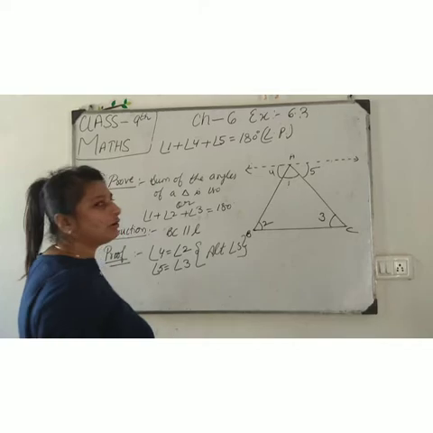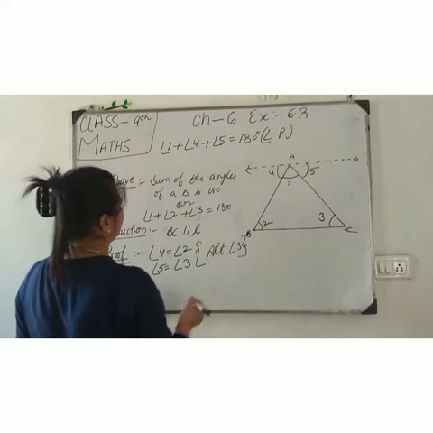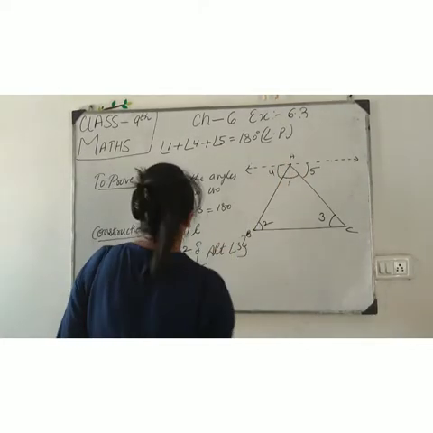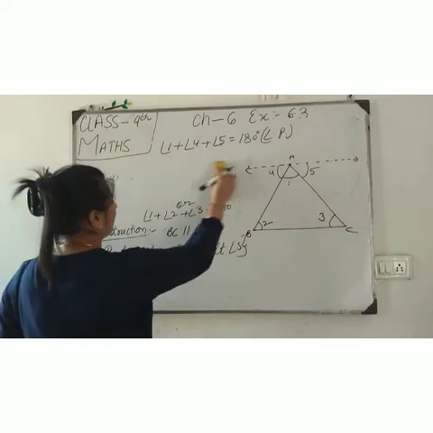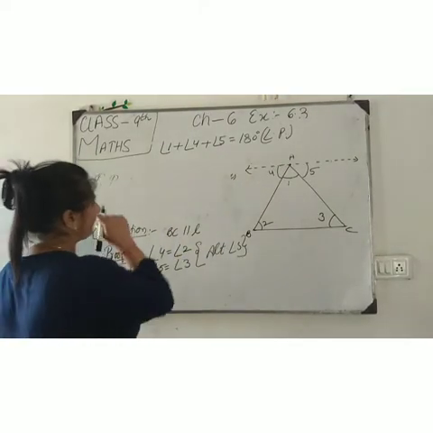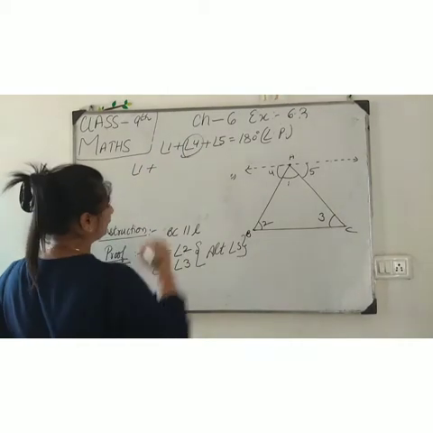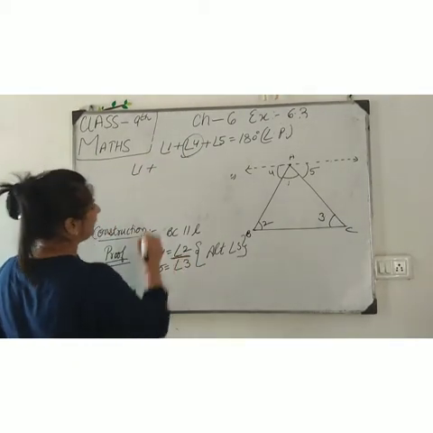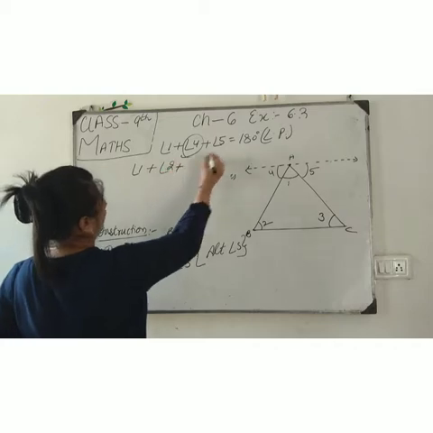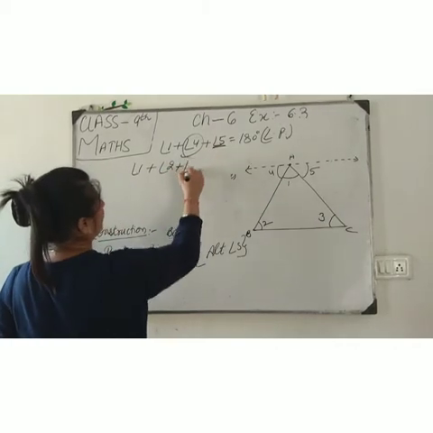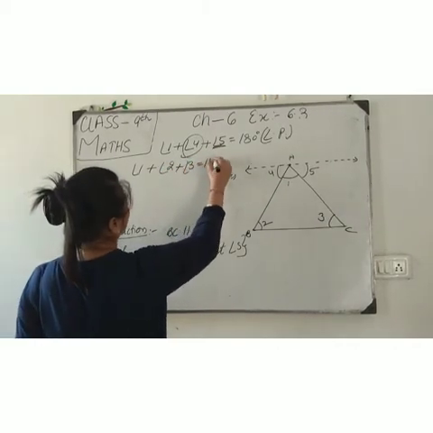And a linear pair always lies on a straight line and passes through one point. That's why. Next step, angle 1, instead of angle 4 I write angle 2, and instead of angle 5 I write angle 3, equal to 180 degrees.